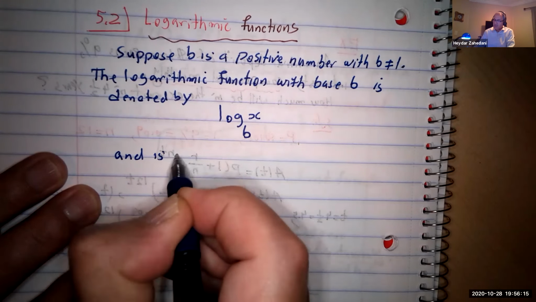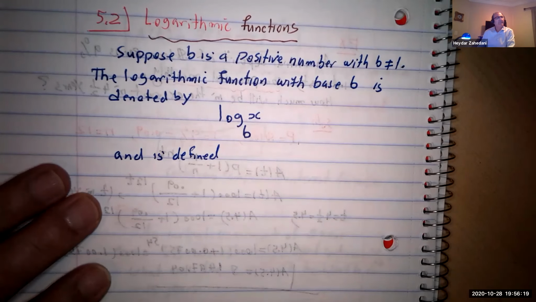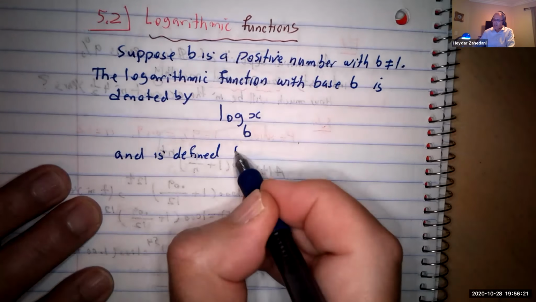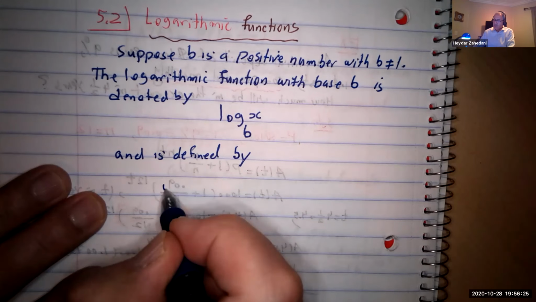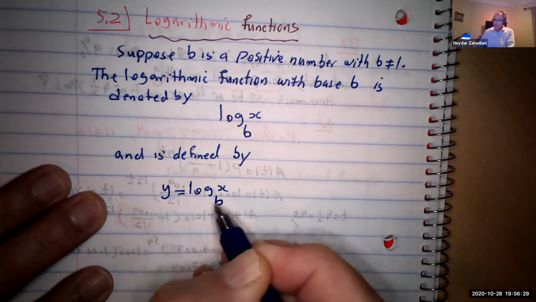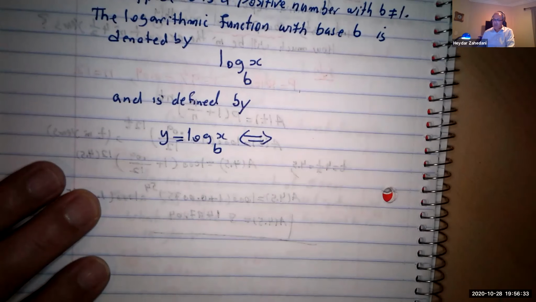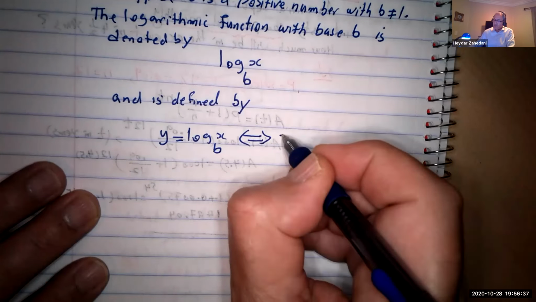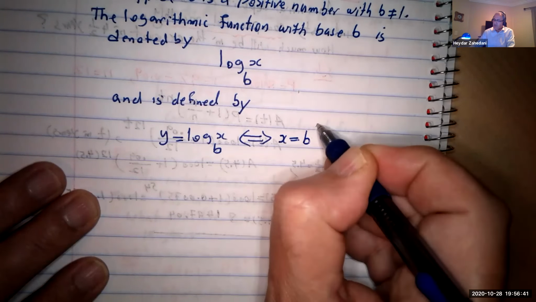The only reason you get the inverse function is this one. It is defined by y equal to log of x at base b if and only if... You see the inverse function? You must solve for x. If you want to solve for x, we define it by x equal to the base b to the y.